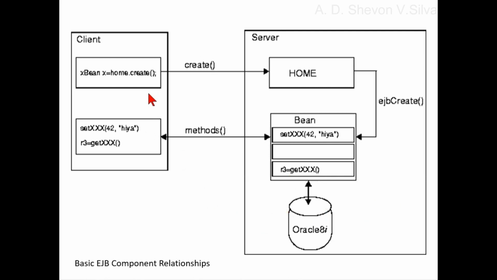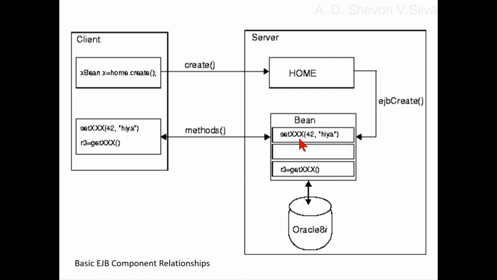Here you can see x = bean home.create method, create. This is connected to home through the create method, and home is connected to the bean through the EJB create method.